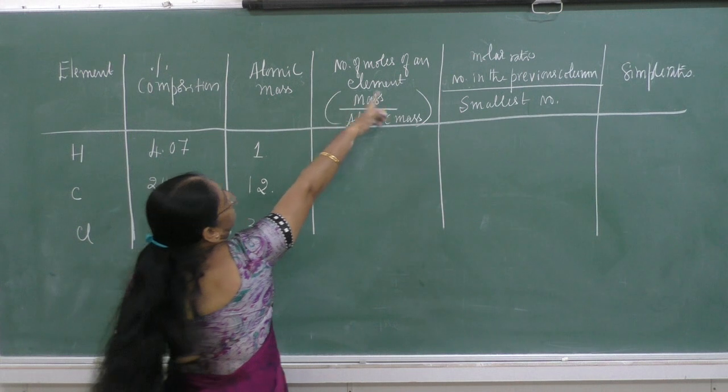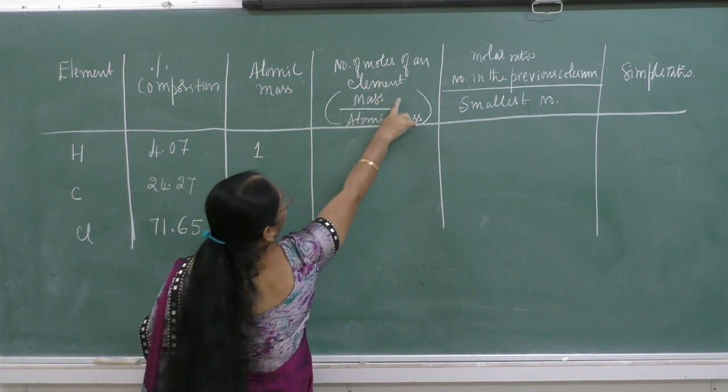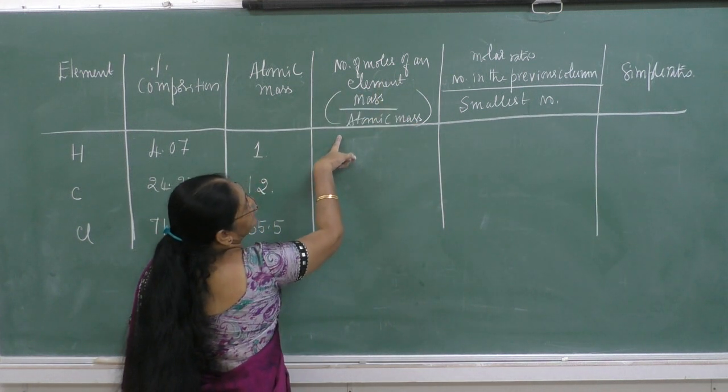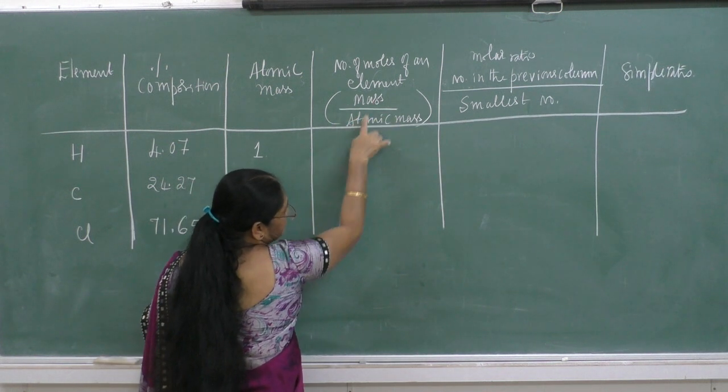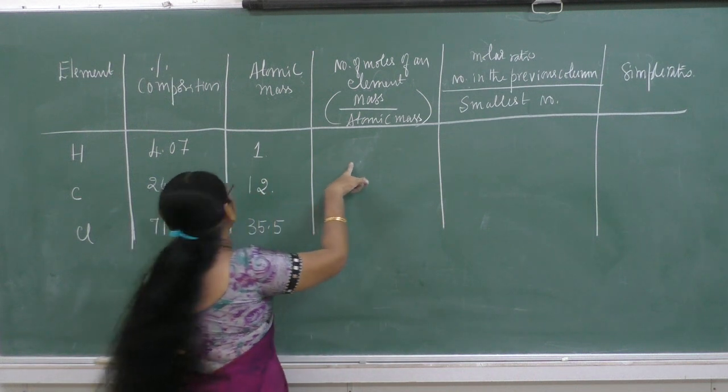Now we have to calculate the number of moles of an element. This is calculated by the given mass divided by atomic mass.